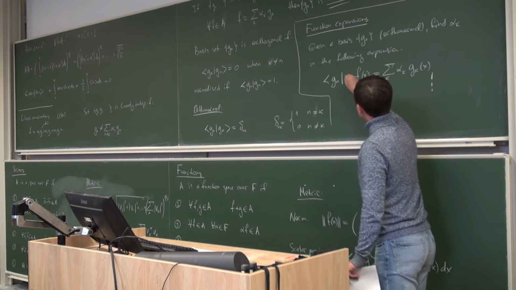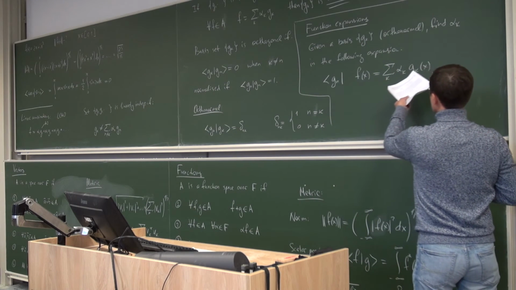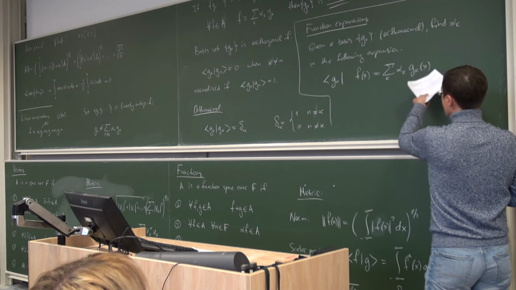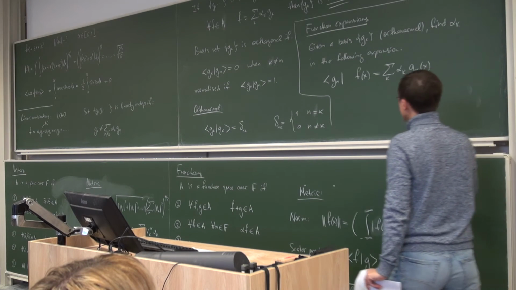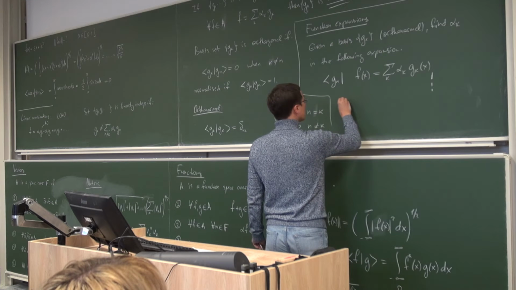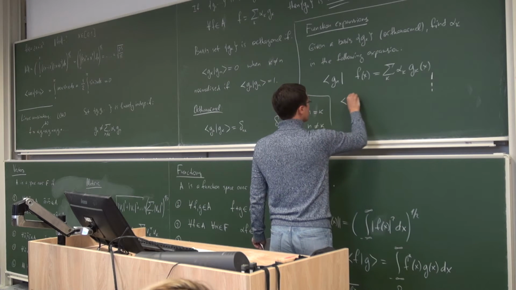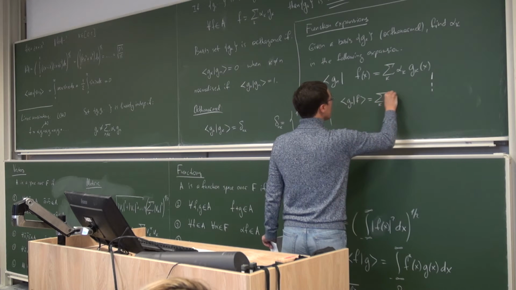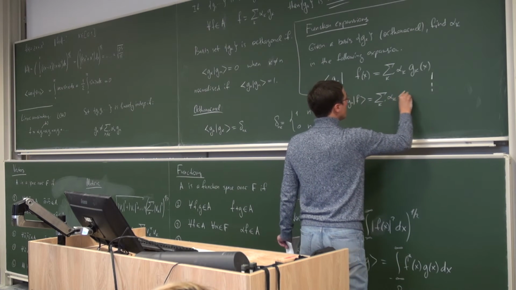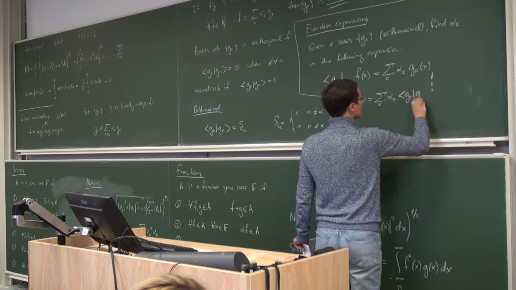I'll take the scalar product of f with g n, and I'll take the scalar product of this sum, and therefore each of these terms, with g n. So the scalar product of g n and f will be the sum over k of alpha k times the scalar product of g n and g k.